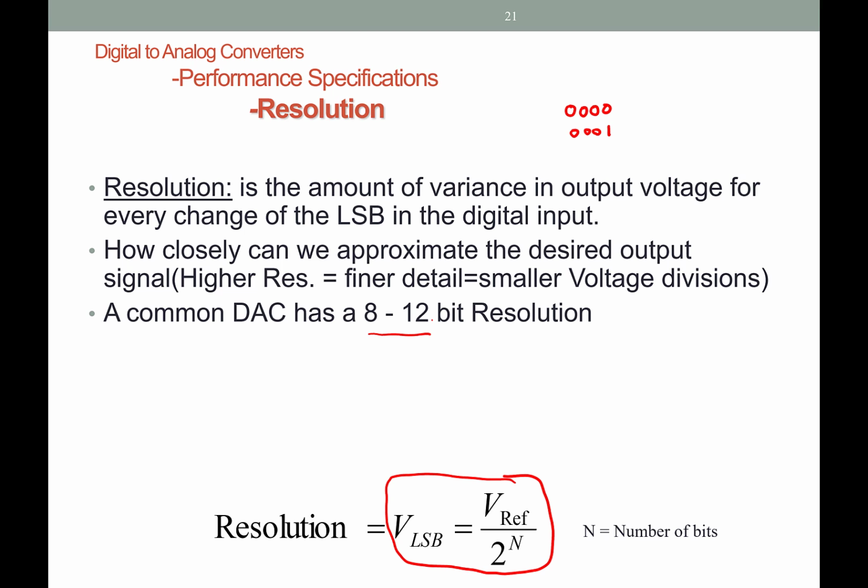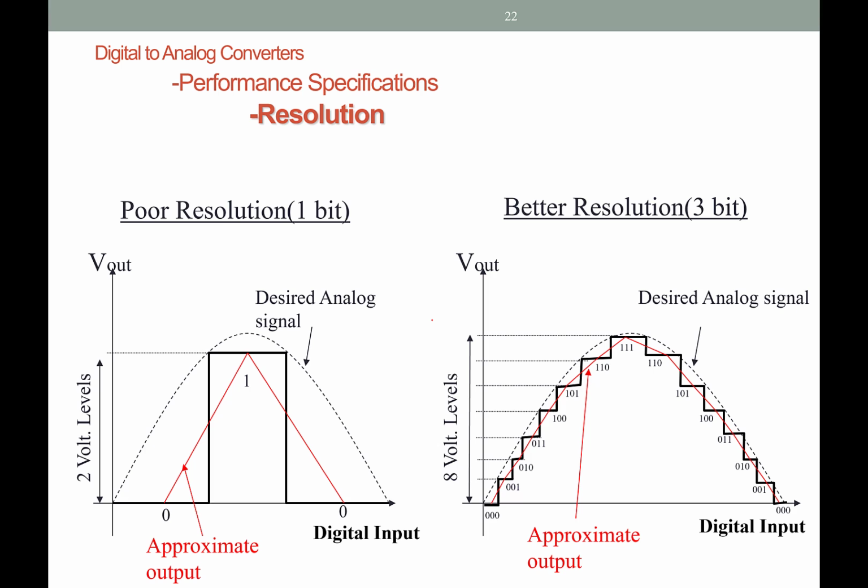In any case, when we start talking about resolution, we have a couple other things that we need to look at. This is just sort of the idea behind what happens with resolution.